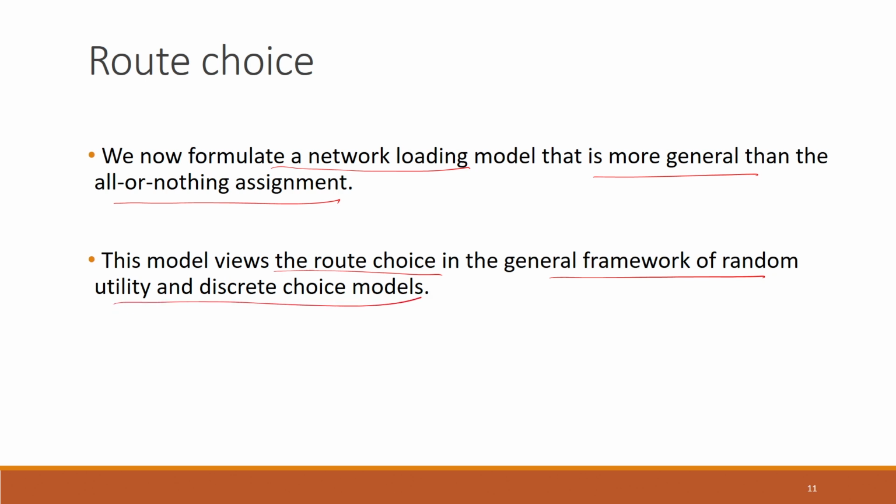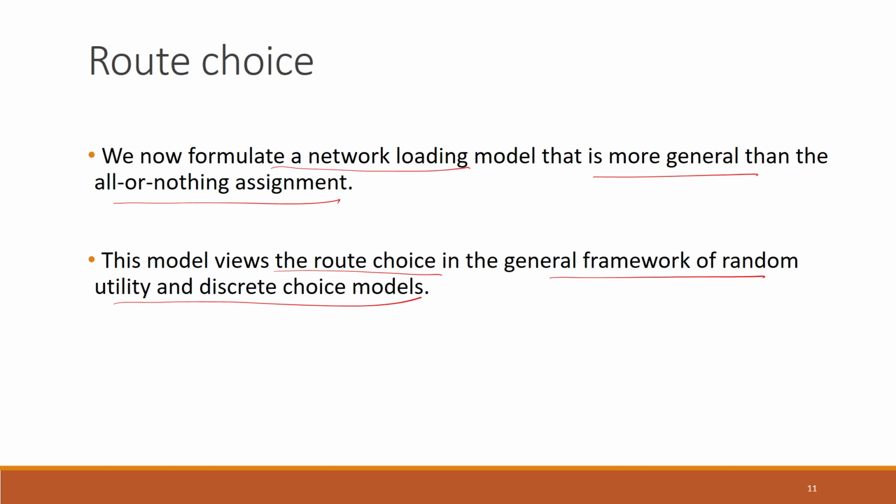One thing to mention here is that all of this discussion of stochastic user equilibrium that we will finally be moving to is for the case when there is some uncertainty in the travel times. If the uncertainty is 0, then everything becomes equivalent to the deterministic user equilibrium problem.